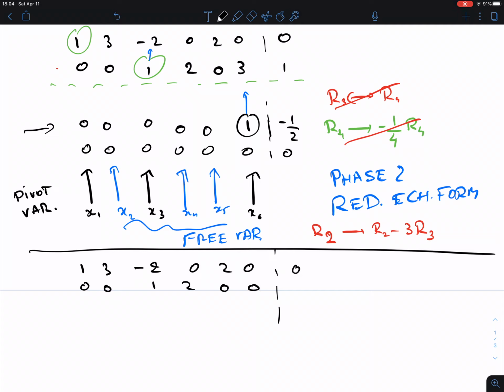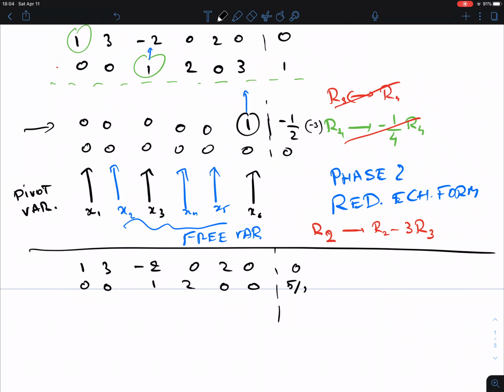And then what happens here, I have to remember, negative 3 here, right? So negative 3 times that is 3 halves, and then added to 1 is 5 halves. Okay? And then the rest is copying: 0, 0, 0, 0, 0, 1, minus a half. And of course, that's just a 0 row.